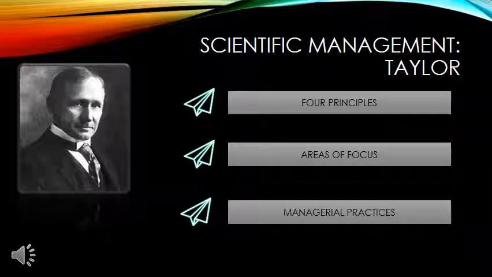The second is Taylor wanted to use this science to select and train and develop each worker from management all the way down. And we see this in our hiring process of public administration. There are certain qualifications addressed prior to applying for the job.